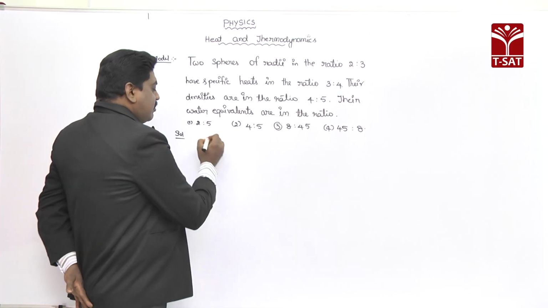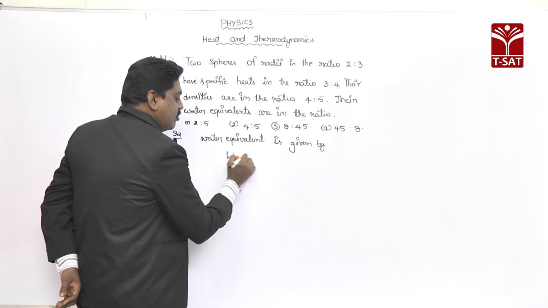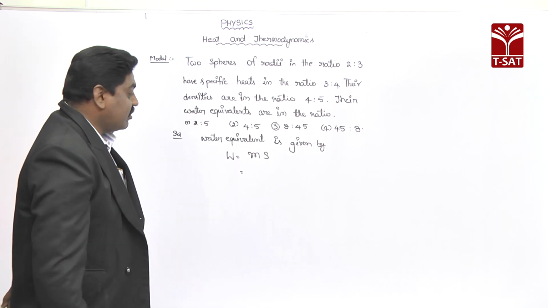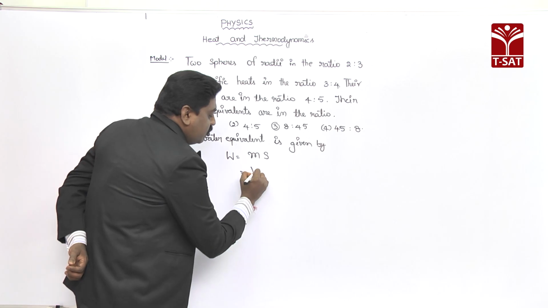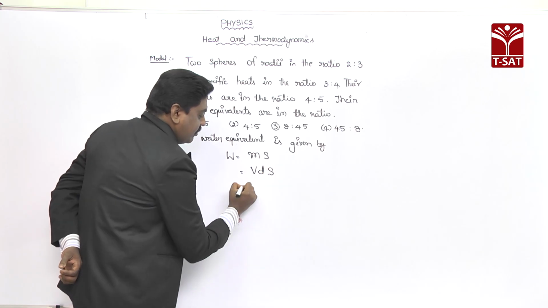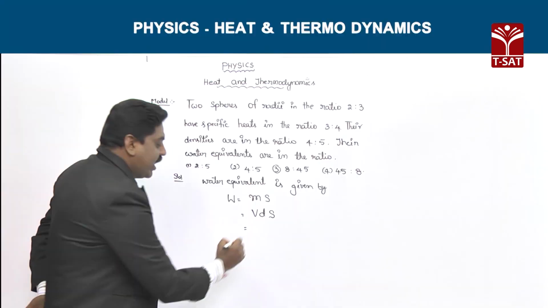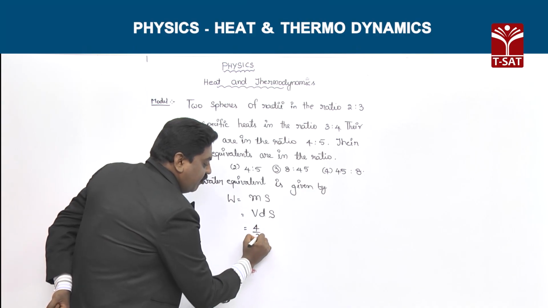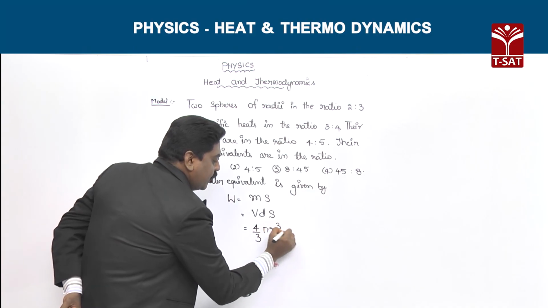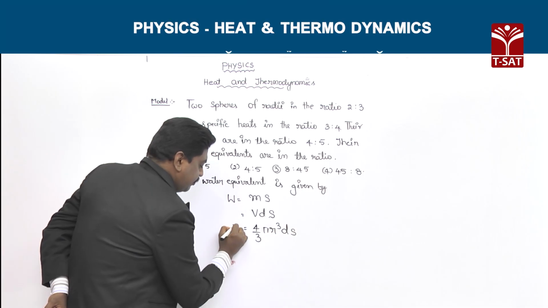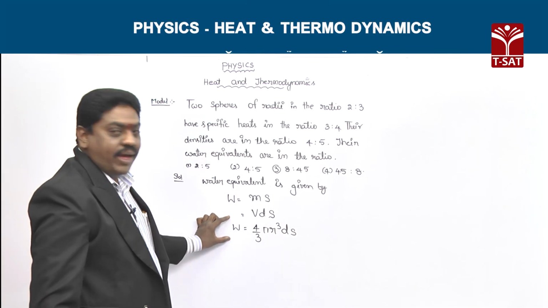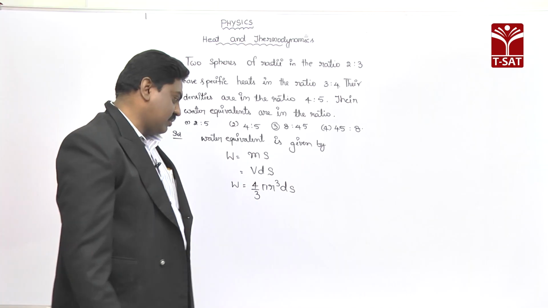Water equivalent is given by W equals ms, where mass is written as volume into density, into s. Volume is given as 4/3 pi r cube, d into s. We require the ratio of the water equivalents.